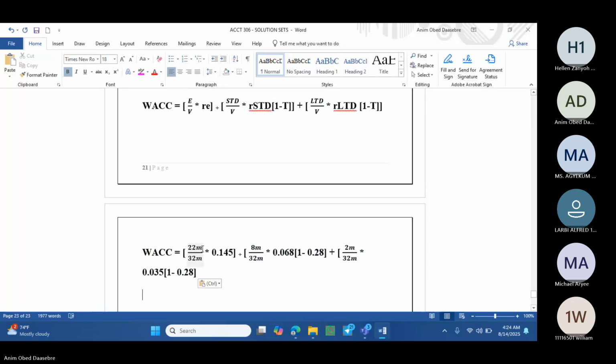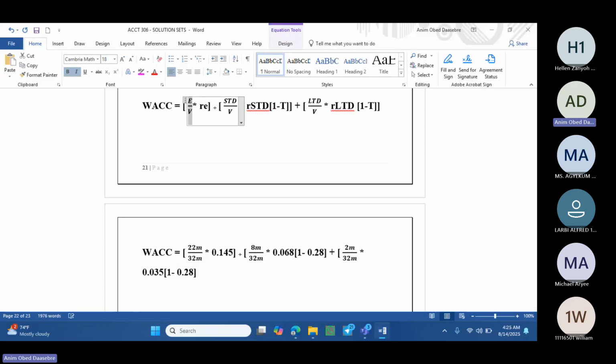Okay, so we are starting with the equity. All these things will be replaced by the weight of equity.